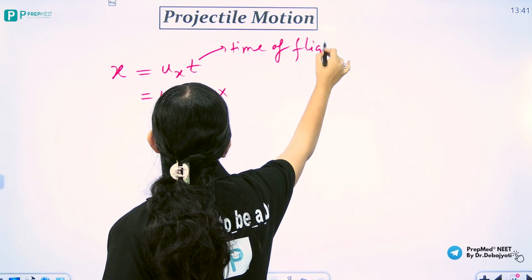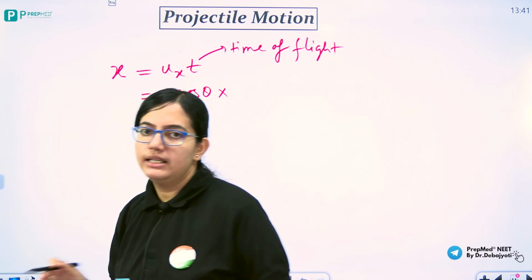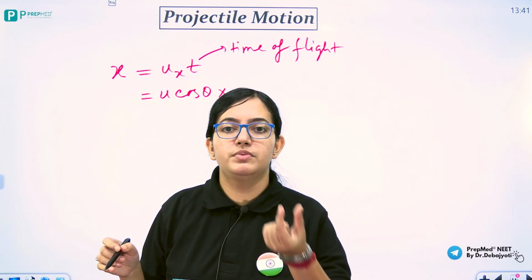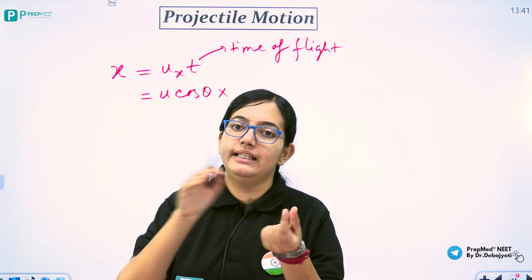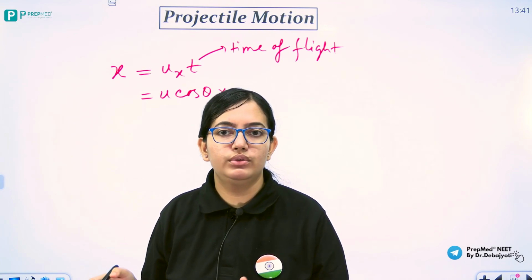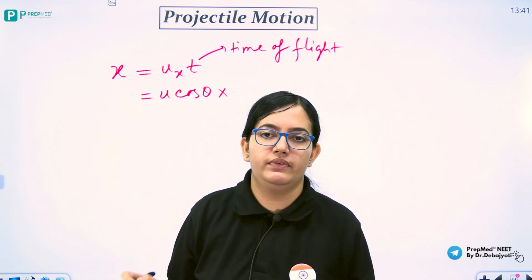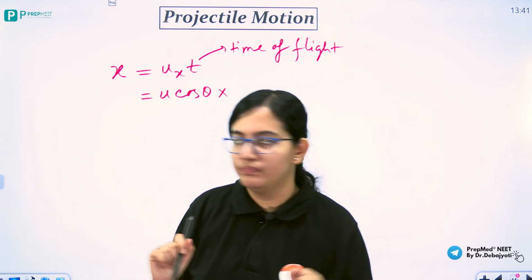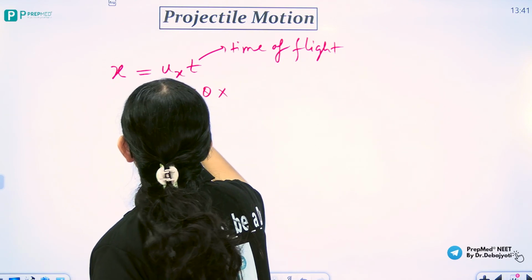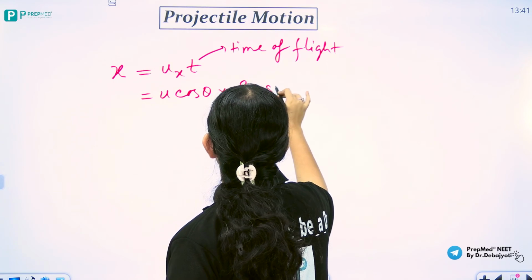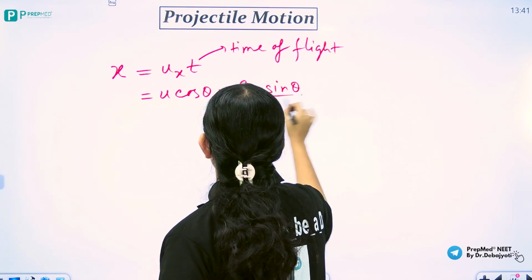Why are we writing this is time of flight? Because the horizontal range is what? It is the displacement when the object is in the air, within that time, before it moves to the ground. So within that time, what is the horizontal displacement covered? This we need to know. So here we are getting u cos theta into t. The t value we already got, that is 2u sin theta by g.